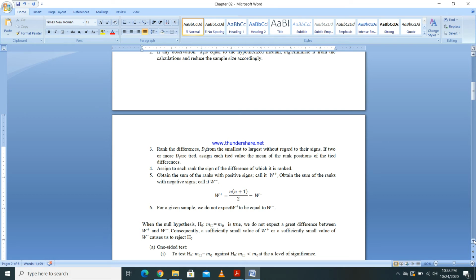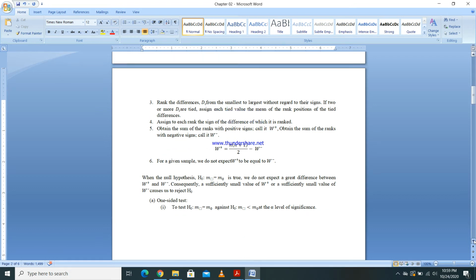When you have a very small value of W plus, or a small value of W minus, based on that we will reject our null hypothesis. You will understand when we do our testing how we are going to do that in each case.